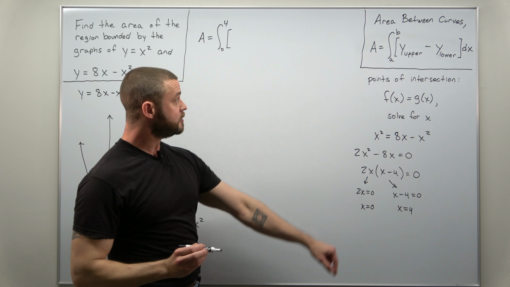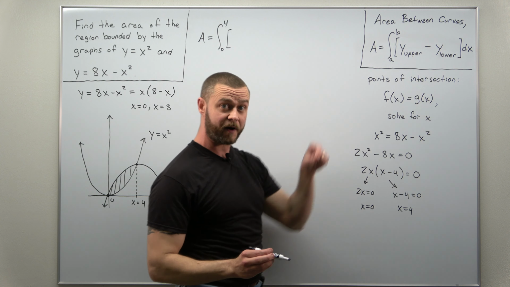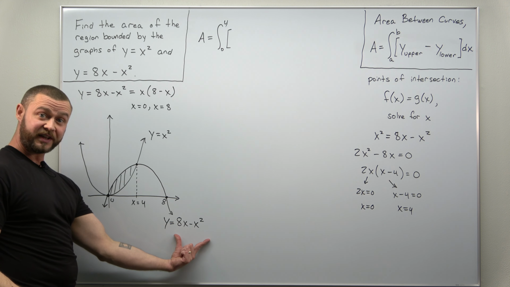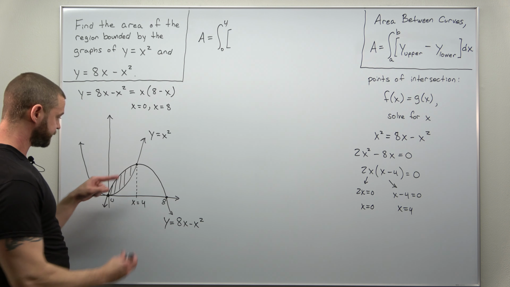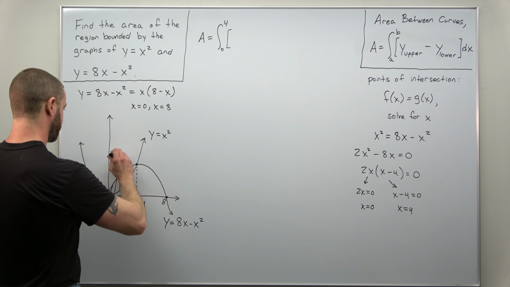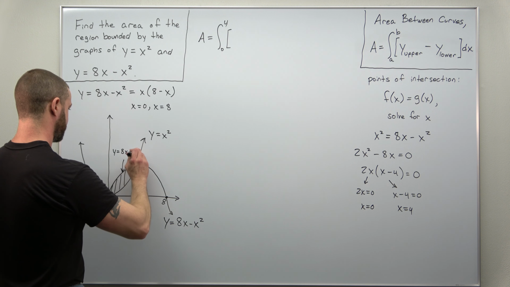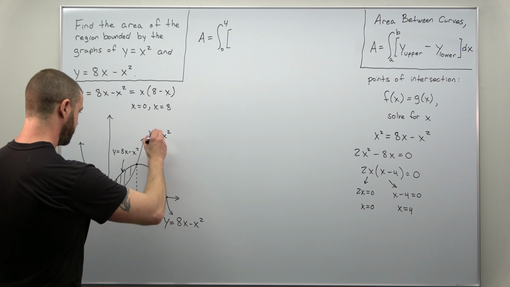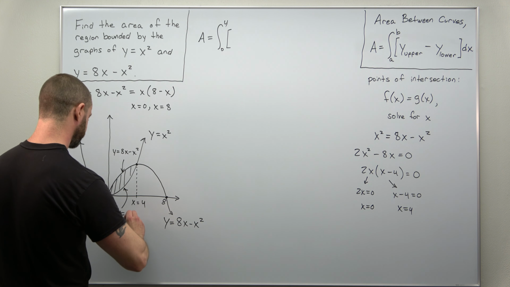And again, we can use our basic formula here, the upper function, but notice the upper function on top is 8x minus x squared, and then your function on the bottom right there is y equals x squared.